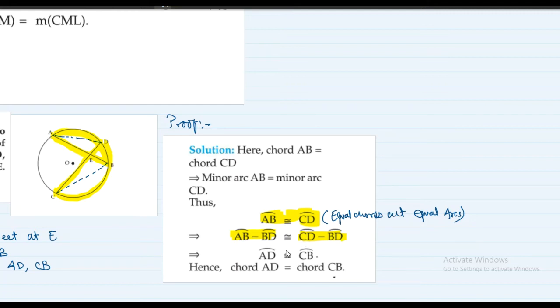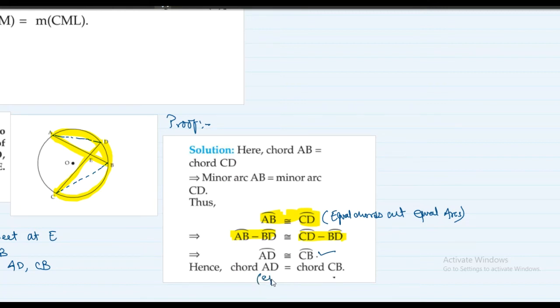So arc AD is equal to arc CB. Since AB minus BD is AD and CD minus BD is CB, and arc AD is congruent to arc CB, we can say that chord AD is equal to chord CB.